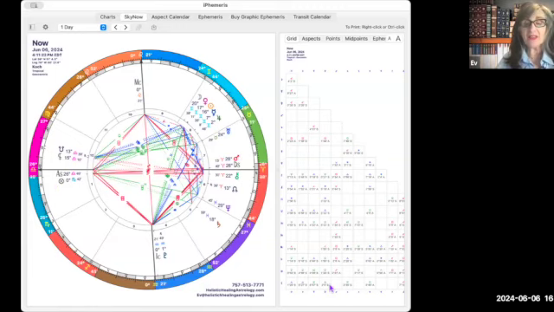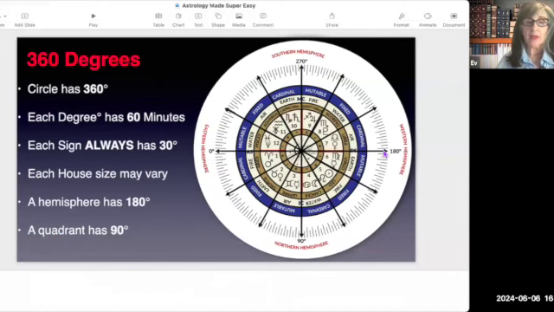Now we'll go back to the presentation of the learning natural chart. So at this position here is 0 degrees, and this position here is 90 degrees, 180 degrees as we go counterclockwise, and 170 degrees. Each little hash mark here is 1 degree, and actually it's 30 degrees total.